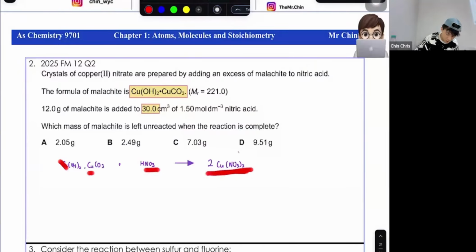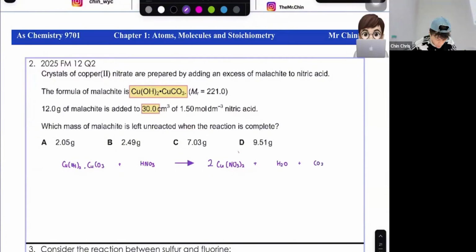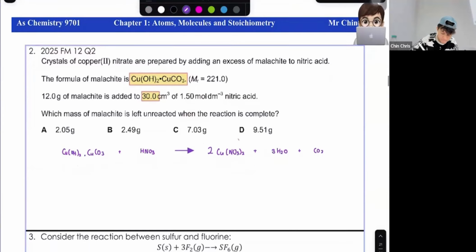Then you have another copper, then you have 2 Cu(NO3)2. Then all the OH will turn into H2O, all the CO3 will turn into CO2. That's it.